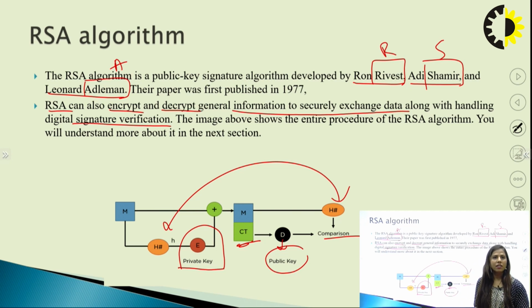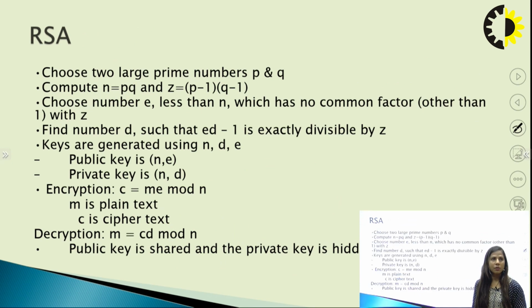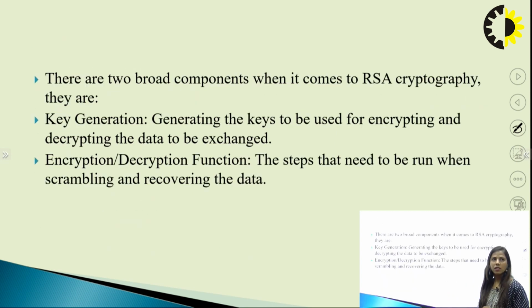Now we will understand the steps in that algorithm and how we can generate the keys. In this overall algorithm we suppose some numbers and then compute some things. We divide the algorithm into two steps. The first is key generation.